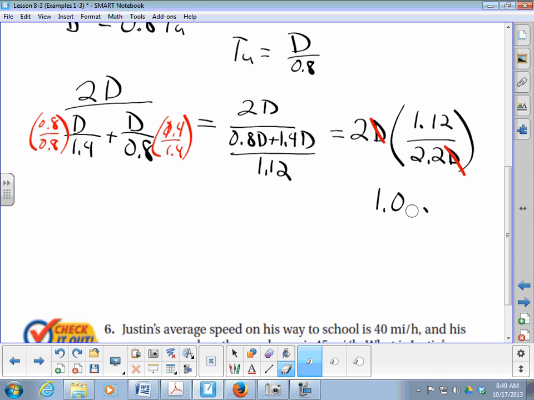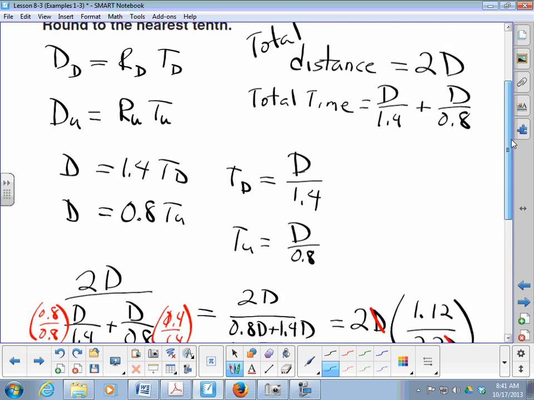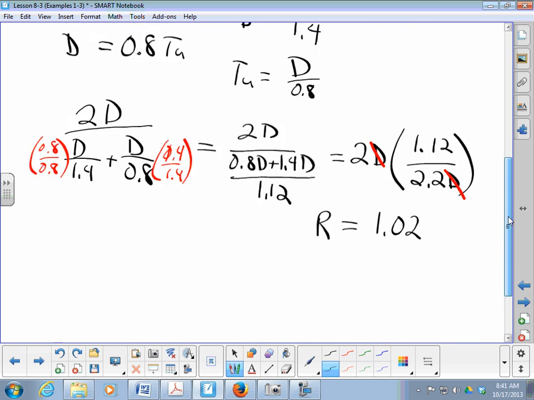Yes. 1.02, and that is our average speed. And that's 1.02 miles per hour.